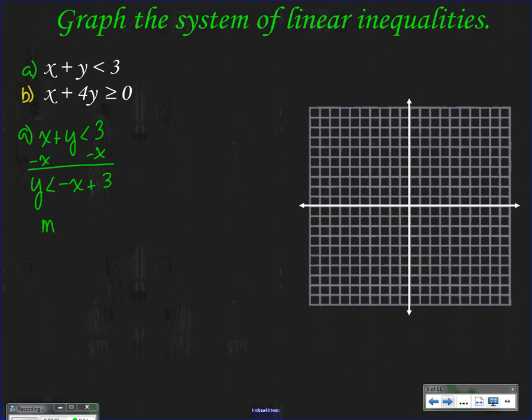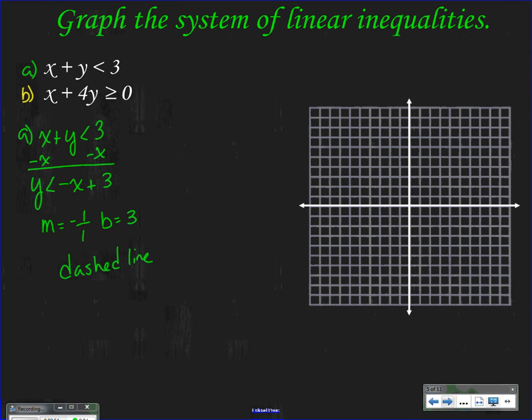My slope is going to be negative 1 over 1. My y-intercept is going to be 3. And we have another question with this one. What type of line am I going to have? Is it going to be solid or is it going to be dashed? Well, in this case, because it's less than, it's going to be a dashed line.